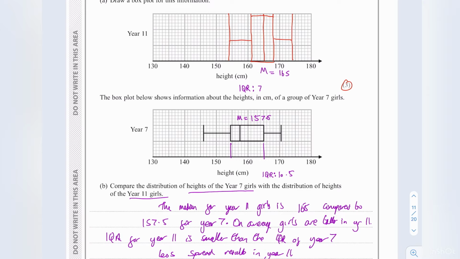So the results are much closer together because the interquartile range is smaller, so the data is less spread out.